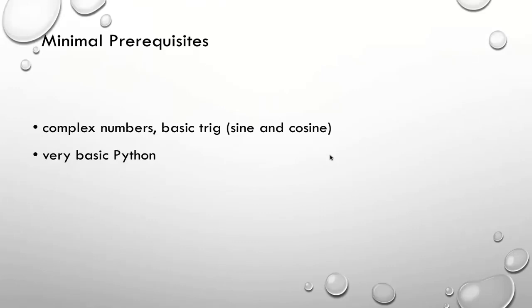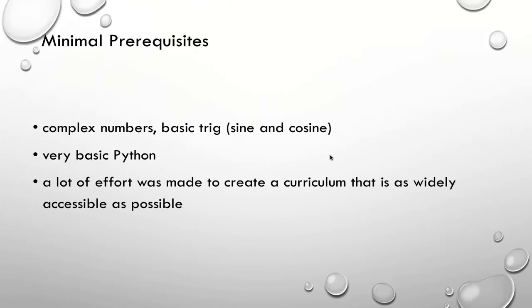So we can just learn Python as we go along. A lot of effort was made to make this as widely accessible as possible. And so I'm hoping to also make this available in my Algebra 2 and Pre-Calculus classes. But currently this is used for my AP Computer Science classes.